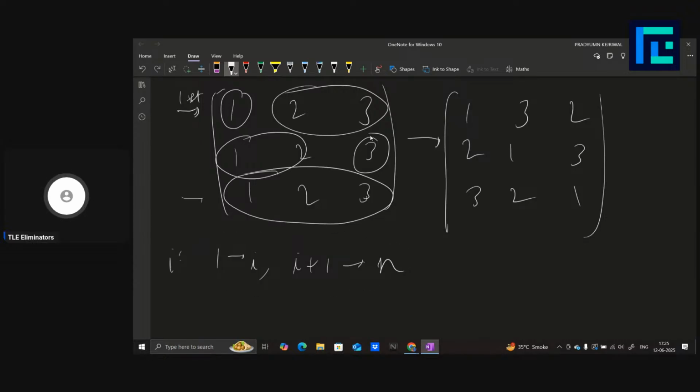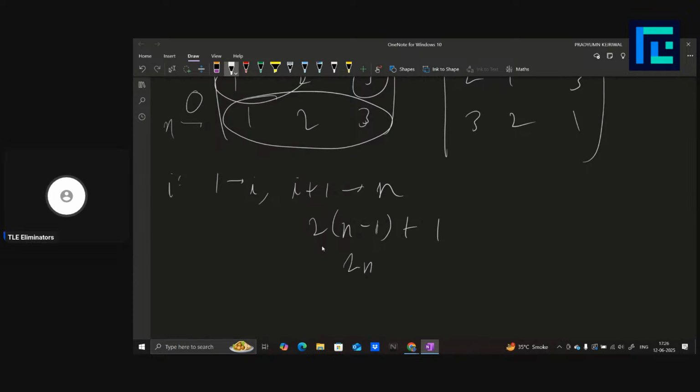And for the last row, for I equal to n, I'll just print 1 to n. So for every row from 1 to n minus 1, I take two operations, so 2 into n minus 1. And for the last row, I take one operation. So we have 2n minus 1 operations, right? And we can do it.